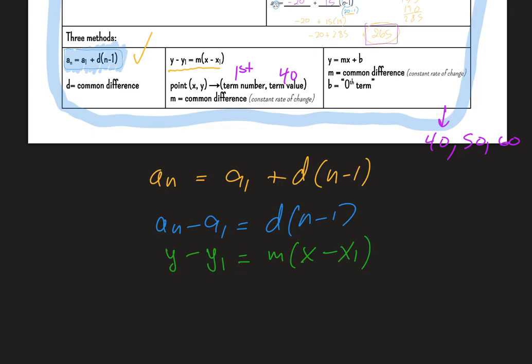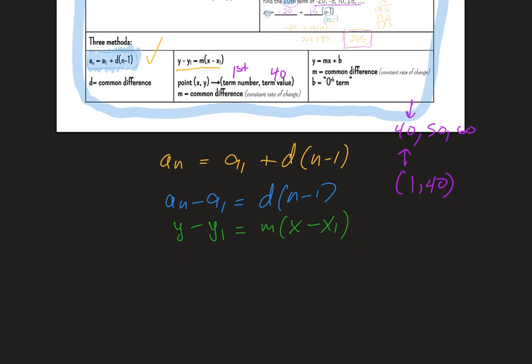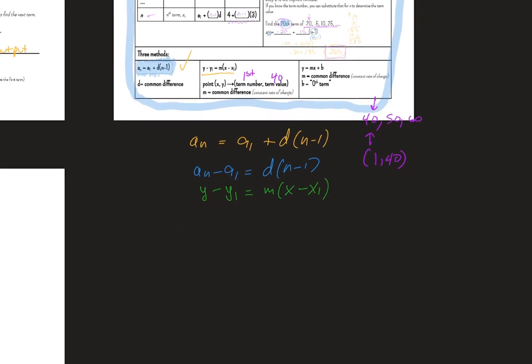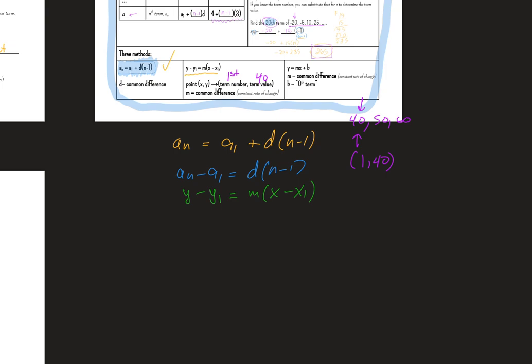This is the first term. And then what's our common difference? Well, our common difference here would have been 10. So, I mean, think about it. We could write it in point slope form. y minus 40 equals the slope of 10 times x minus 1, which was our first position.